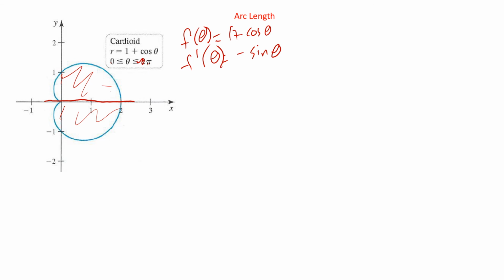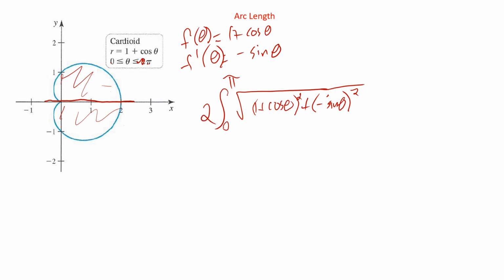So we can take the antiderivative from 0 to pi of the square root of 1 plus cosine theta squared plus negative sine theta squared, and then times 2.